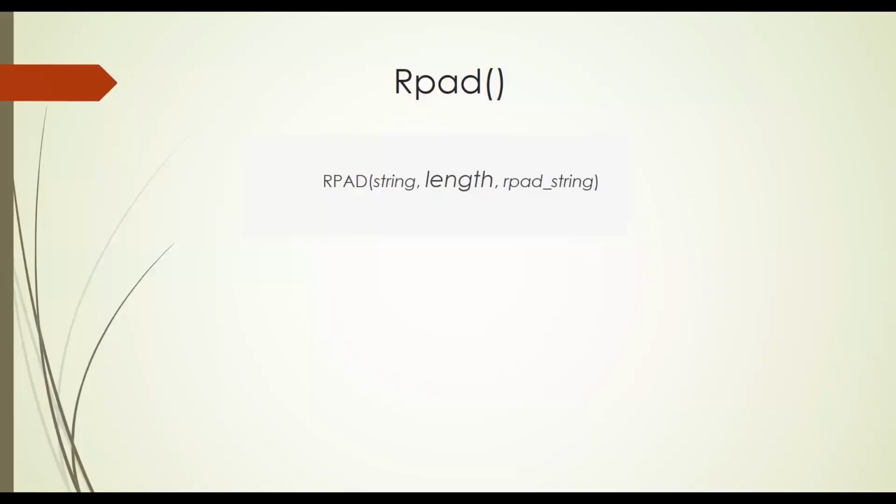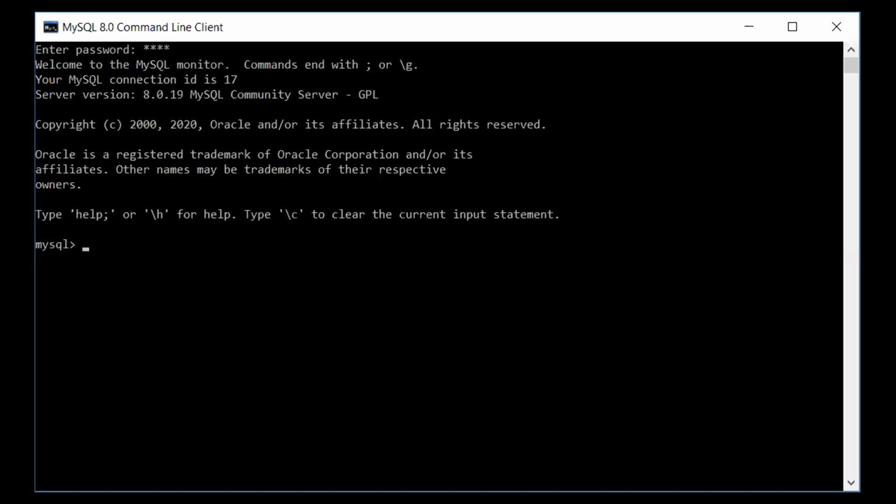The next is rpad. The rpad function right pads a string with another string to a certain length. So in rpad, three parameters are required. The first one is string, the next is length, and the third one is rpad string. Let's check here. Select rpad.